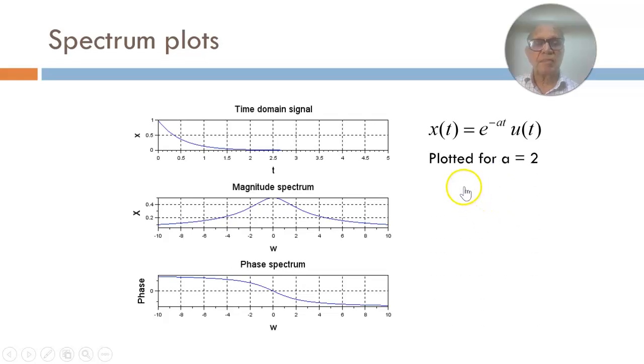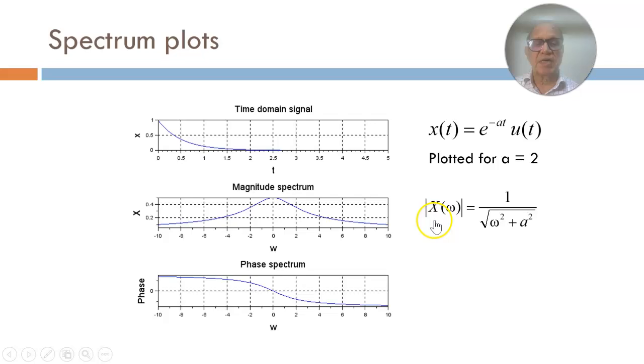Now this particular graph is plotted for a value of a equal to 2. Of course, if a is different, then the rate at which this decreases will be different. But right now we have plotted this for a equal to 2.